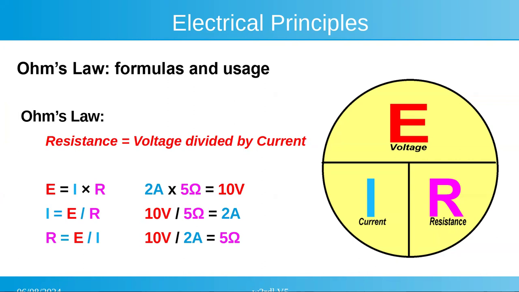So if you want to solve for, let's say, the voltage, you put your finger over the E, and it says that the voltage then would be equal to the current times the resistance. If I wanted to solve for the current, put my finger here and it says it's equal to E divided by R. If I want to find R, it's going to be E divided by I.